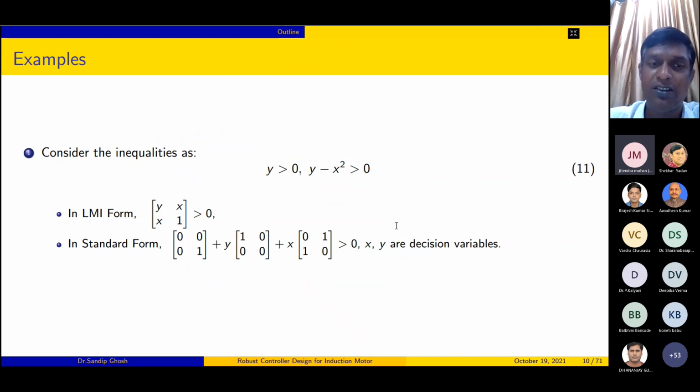Even nowadays parsers are available: if you write the inequality in this form, it will parse out or break the inequality into that LMI form, and tools are also available using which you can easily solve these problems.